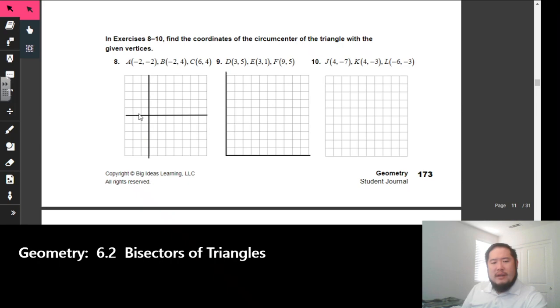So let's look right here. At -2, -2, we have point A. At point B, we have -2, 4. 1, 2, 3, 4. There's point B. And point C happens to be at 6, 4. So 1, 2, 3, 4, 5, 6. 1, 2, 3, 4. There's point C.